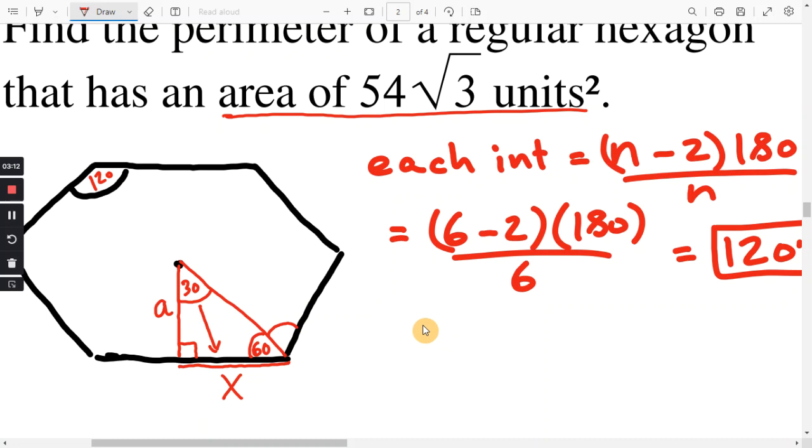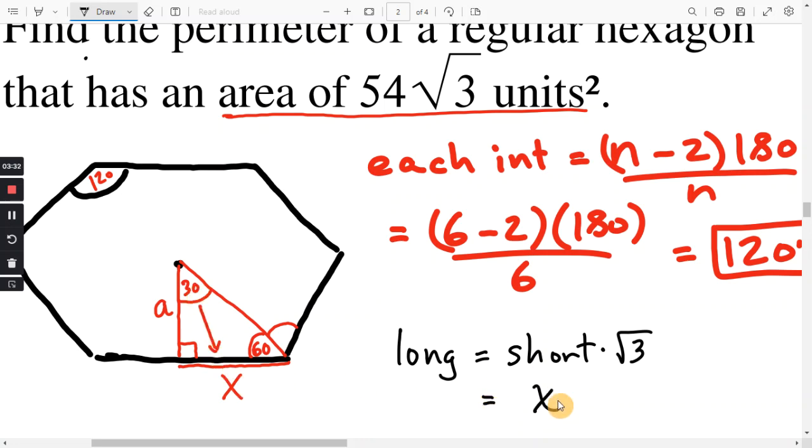And we know the formula for 30, 60, 90: the long side equals the short side times radical 3. So that's going to equal the short side, which is x, times radical 3. The long side is the one across from 60, and that's my apothem a. So a is going to equal x radical 3.